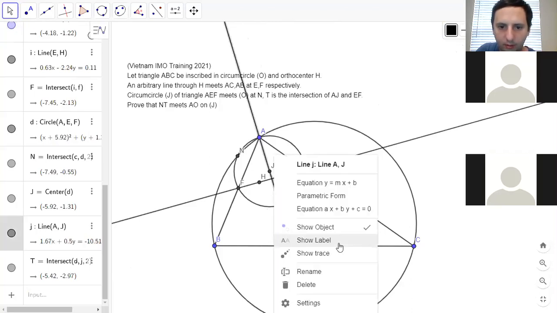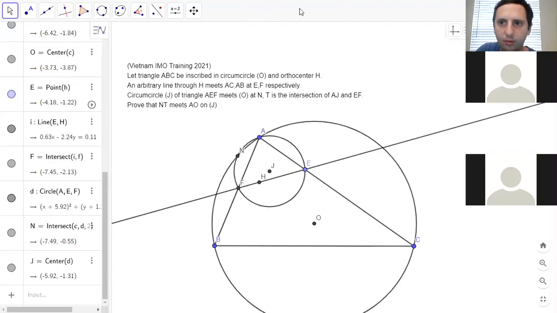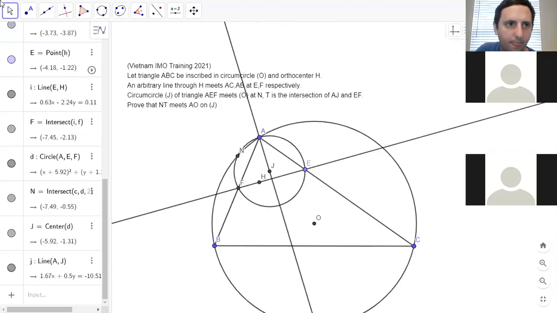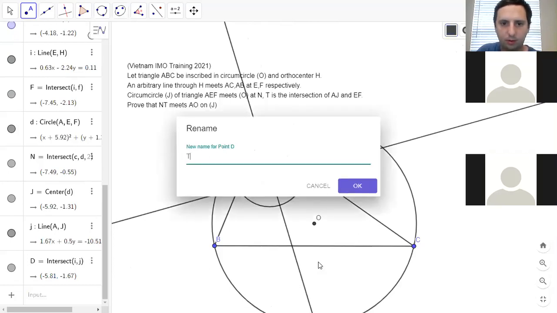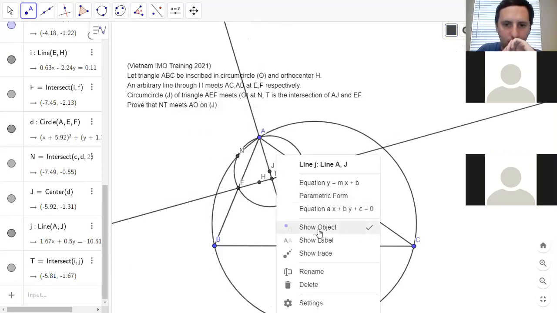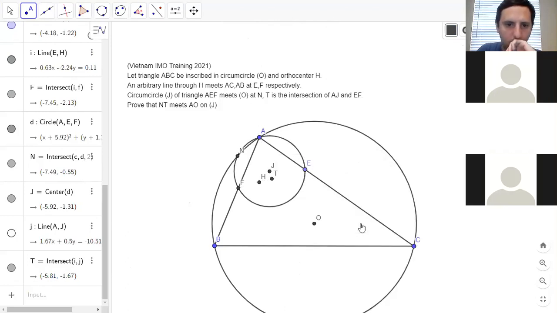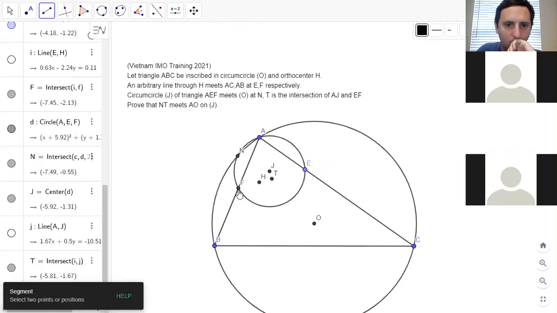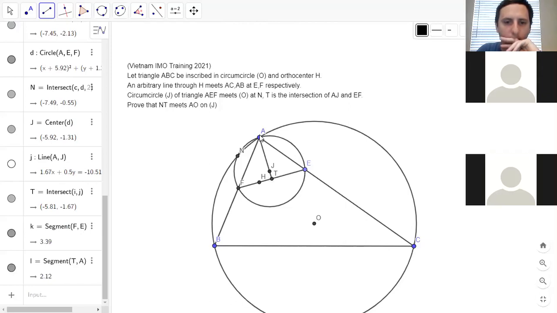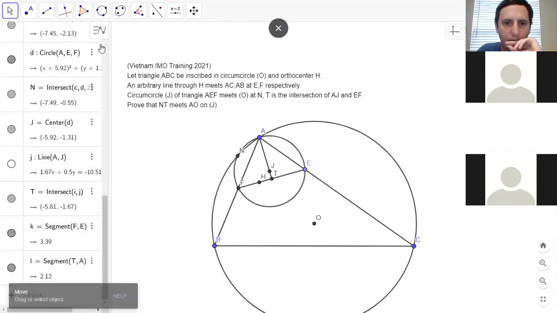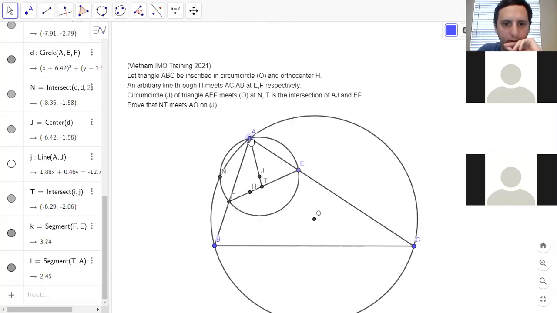So not this, whoops. T. Okay, so we want to show angle ANP, but NP doesn't meet, oh, on this circle, my bad.